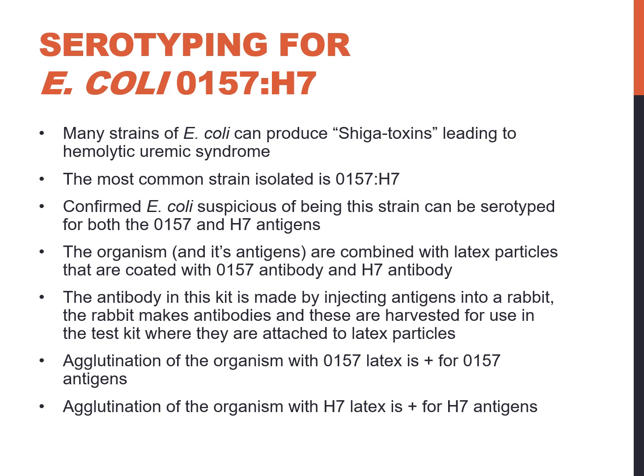We can actually serotype to confirm that we are dealing with an O157:H7 organism. We're going to serotype with the O157 latex and then with the H7 latex. If they both agglutinate, then that means that our organism is positive for O157 and H7.